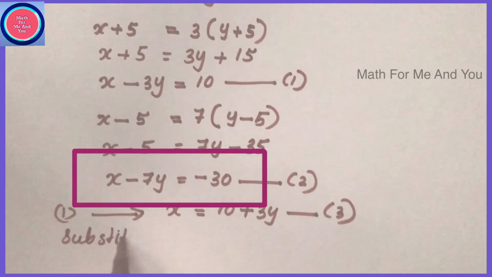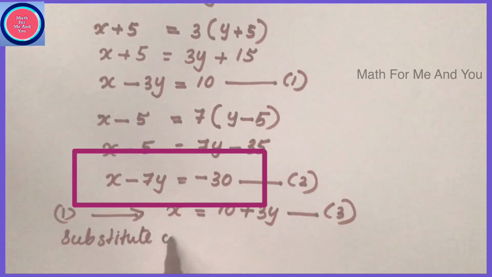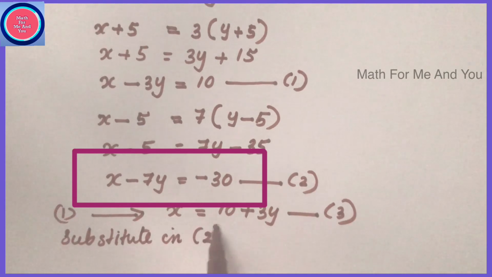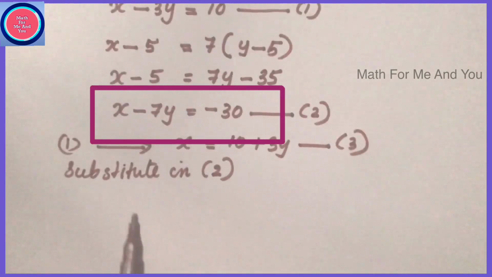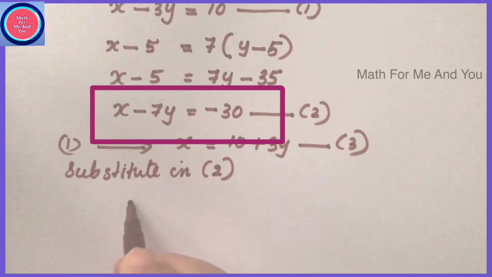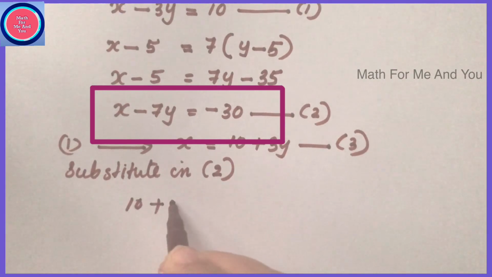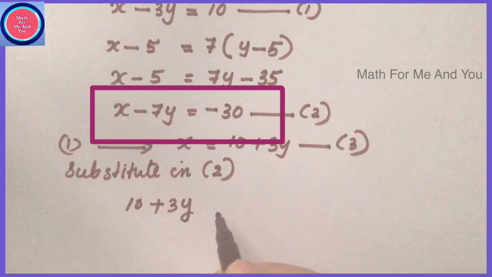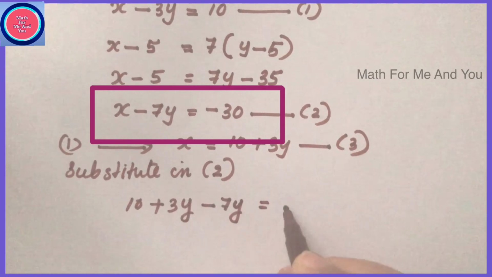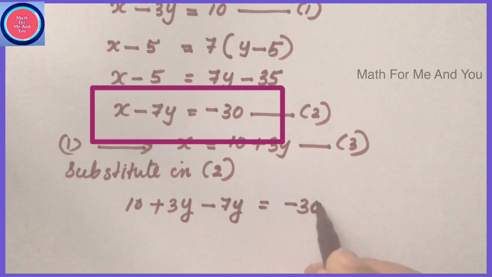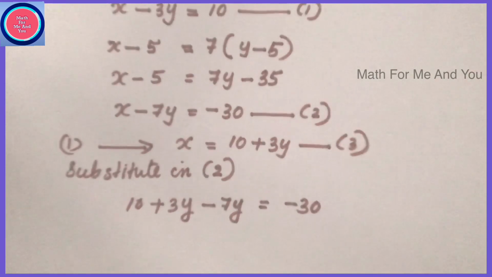Substitute this new equation in the other equation. That means we have started with equation number 1, so substitute in equation number 2. Then we get in place of x, it is 10 plus 3y, then minus 7y is equal to minus 30. Now the equation changes to one variable equation. So we can collect the variable y terms and find the value.